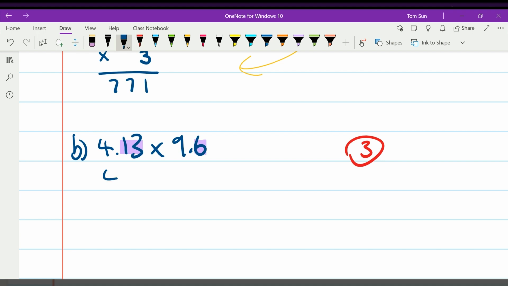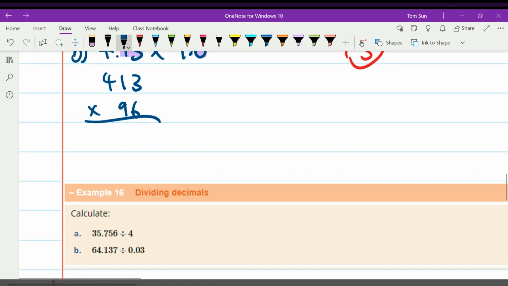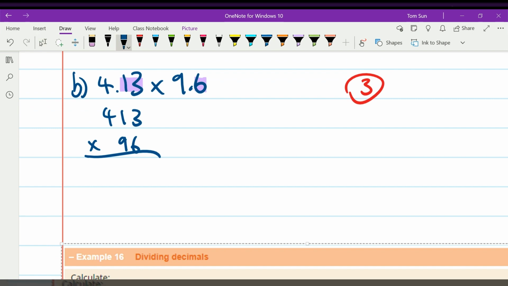I'm going to conduct my multiplication now without the decimal point at all, because I already know what's happening here. So we have 3 times 6 is 18. 1 times 6, 6 plus 1 is 7. 6 times 4 is 24. Now, magic 0, double on the 9. 3 times 9 is 27.